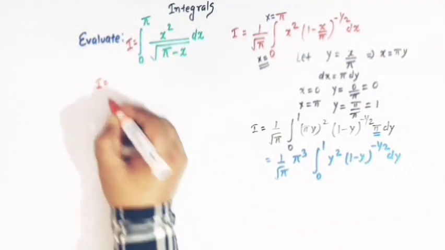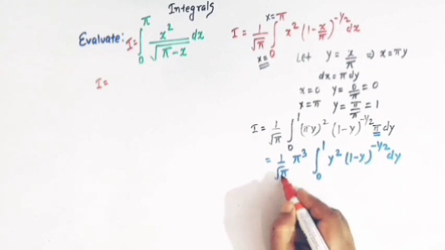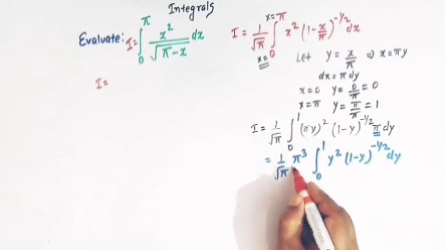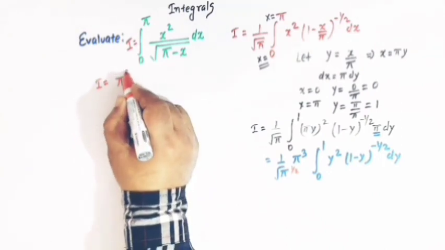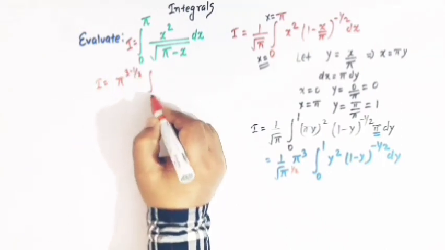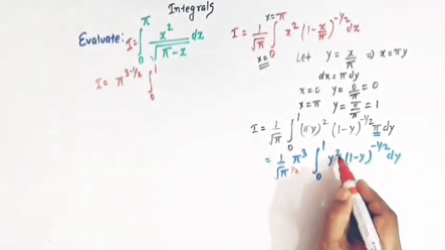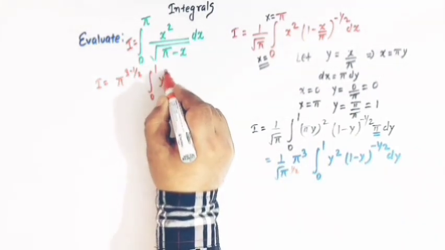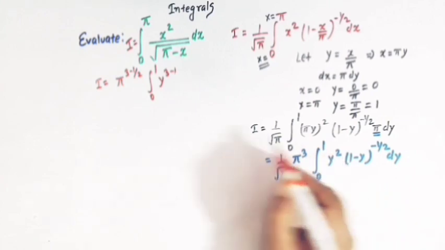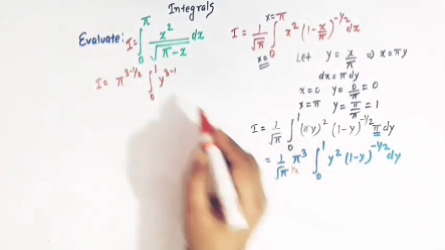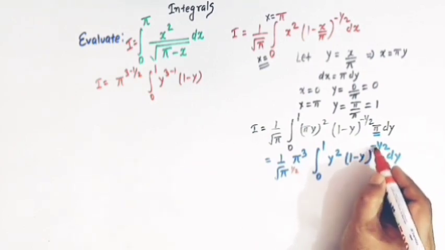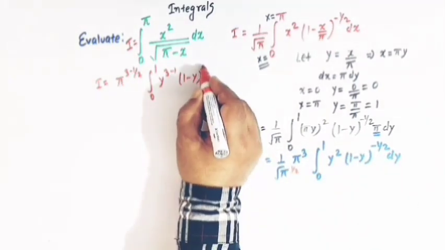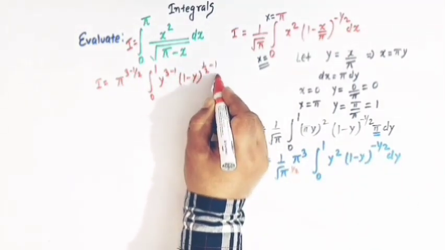So we have I, here we have π³, and here we have the square root of π, which is π raised to 1/2. So we can write π raised to 3 − 1/2, and we have 0 to 1. y² can be written as y raised to 3 − 1, because 3 − 1 is 2, and here we have 1 − y, with the exponent −1/2, that is 1/2 − 1, right?